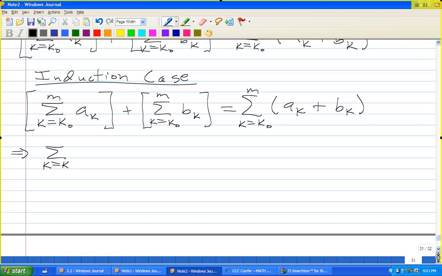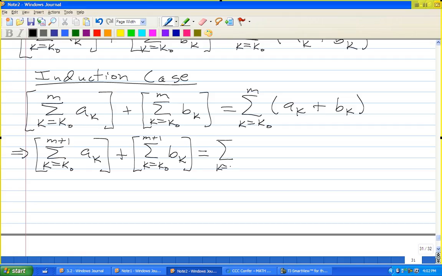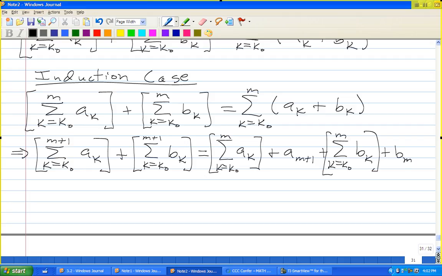Okay, so the sum k equaling k sub 0 to m plus 1 of a sub k plus the sum k equaling k sub 0 to m plus 1 of b sub k is equal to the sum k equaling k sub 0 to m of a sub k plus the next term a sub m plus 1, plus, let's do it for the b's, the sum k equaling k sub 0 to m of b sub k plus b sub m plus 1.